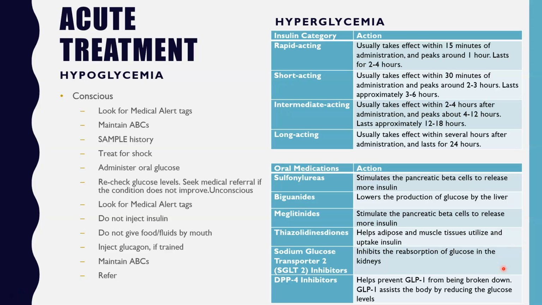You'll see the signs and symptoms of hypoglycemia. Remember, general weakness, drowsiness, confusion, dizziness, hunger, headaches, irritability, sweating, all those sorts of things. Then we're going to do our normal steps, maintaining ABCs, our SAMPLE history, treating for shock. But because we've got to eliminate the cause, we're going to administer oral glucose.